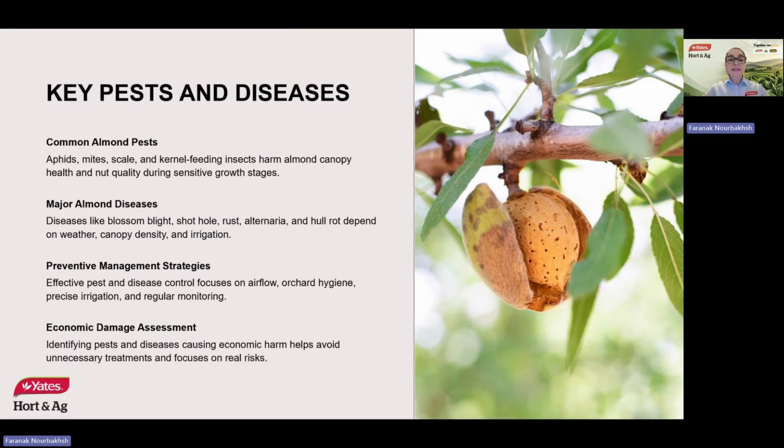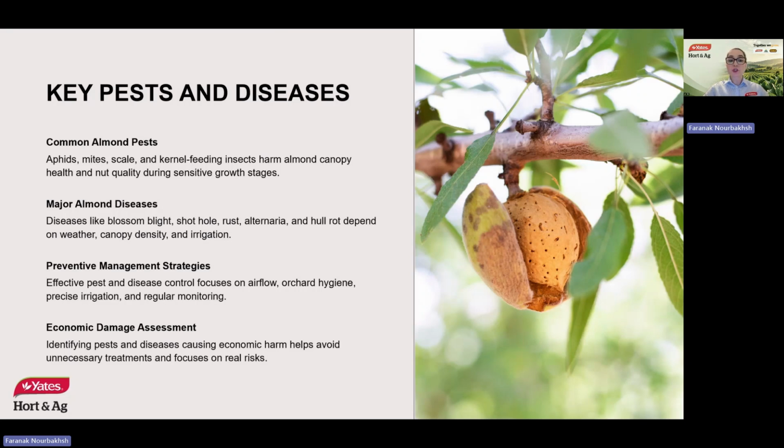Major almond diseases are blossom blight, shot hole disease, rust, alternaria, and hull rot. Depending on weather, canopy density, and irrigation, the level of infestation might vary, and they can also affect the crop quality and yield.